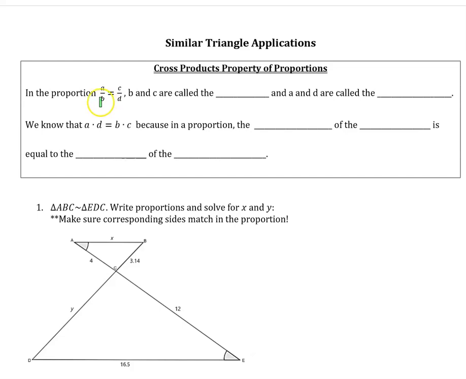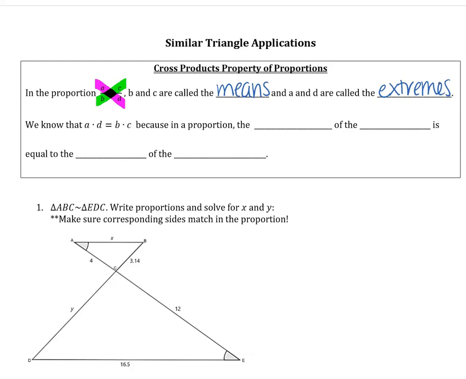Now B and C, which are across from each other this way, are known as the means. A and D, which go this way, are known as the extremes. I'm honestly never going to tell you that you have to know which ones are which, but that's technically what they're called, means and extremes.